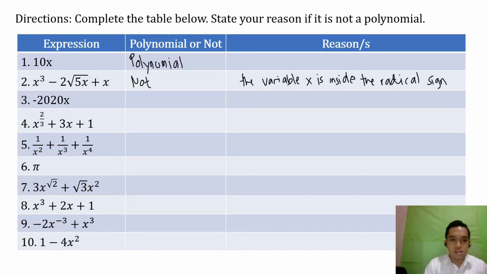Okay? So number 3, negative 2020x. Okay, it is a polynomial.